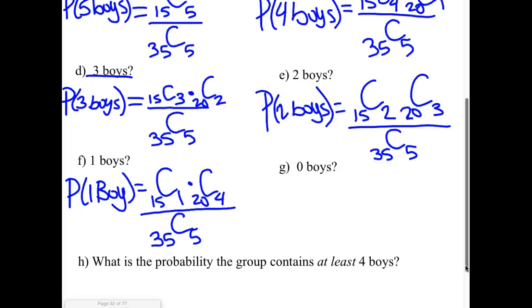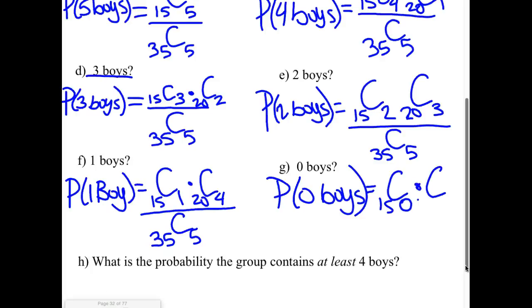And our very last one here, I have 0 boys. So that means I'd have 15, pick 0, and that means all the girls are being chosen for this group.